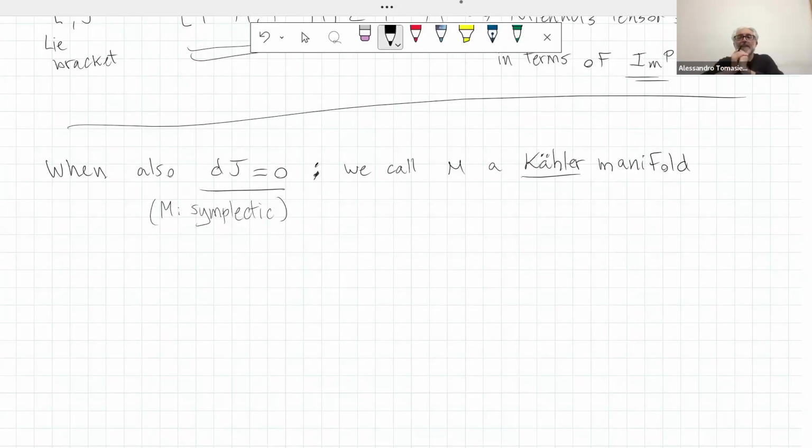Where does this come from? Well, this comes from the theory of phase spaces in classical mechanics, which can be reformulated in terms of two-forms like this. In classical mechanics, you have the Poisson brackets.